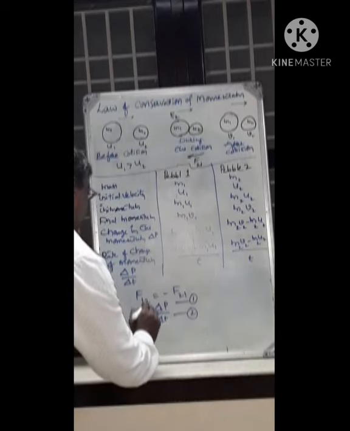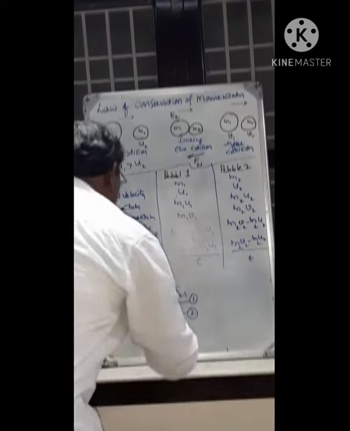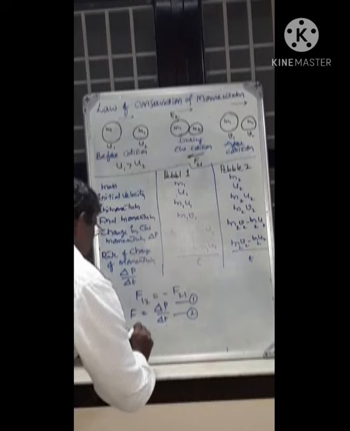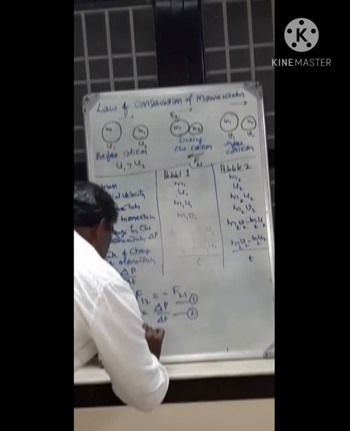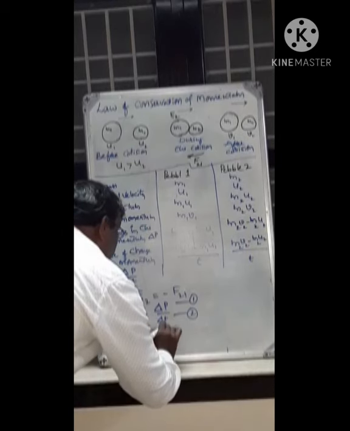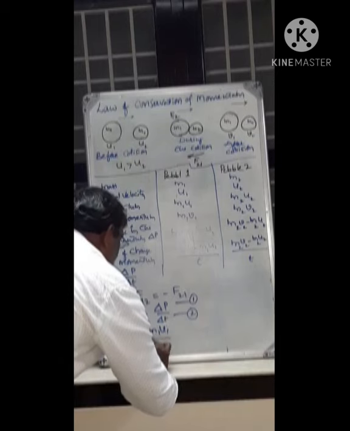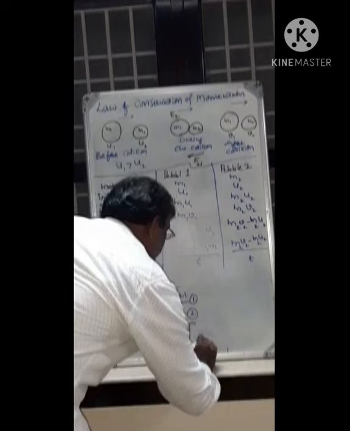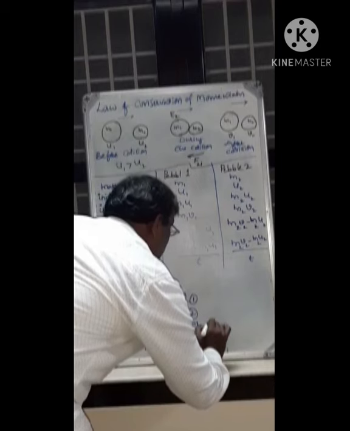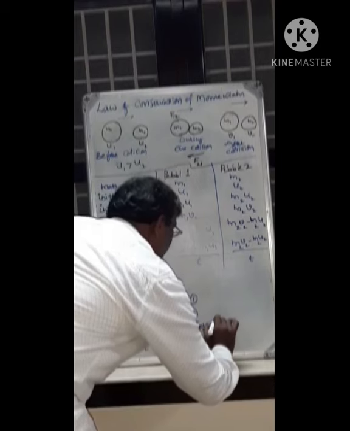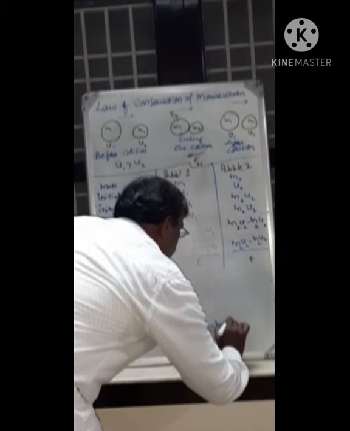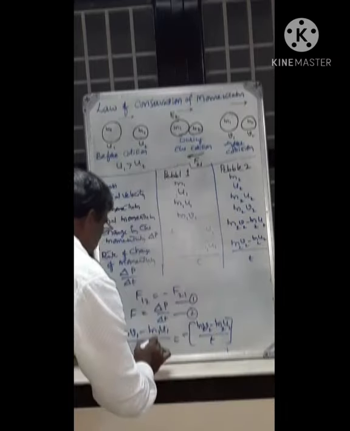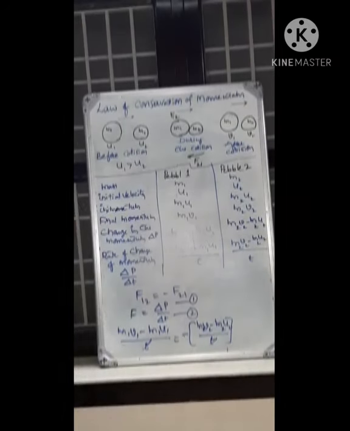That is F12: m1 v1 minus m1 u1 by t is equal to minus of m2 v2 minus m2 u2 by t. On both sides t gets cancelled.